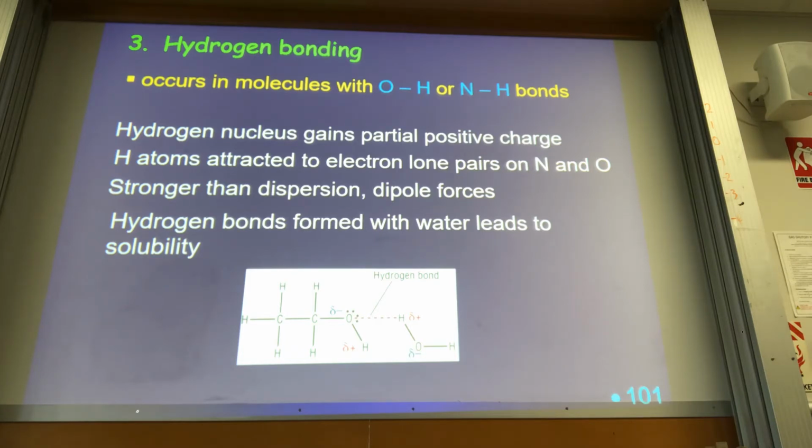So a stronger polar interaction, and that leads to higher melting and boiling points, solubility, because water, of course, has got lots of hydrogen bonding. It means it's going to mix with water easily. So you've got the lone pair on the oxygen, and you've got the naked hydrogen with its electron being pulled away by the oxygen. So you get a moderately strong hydrogen bond formed.